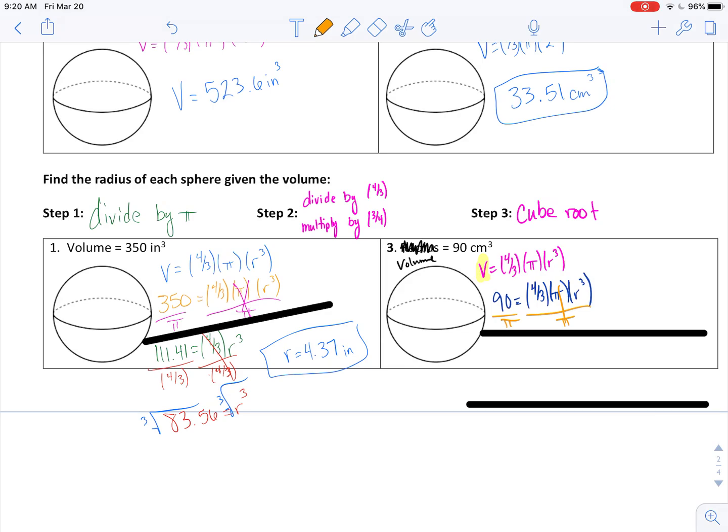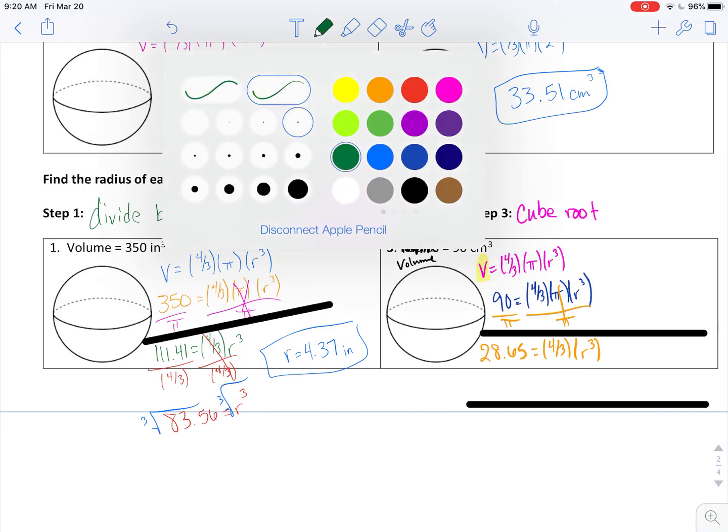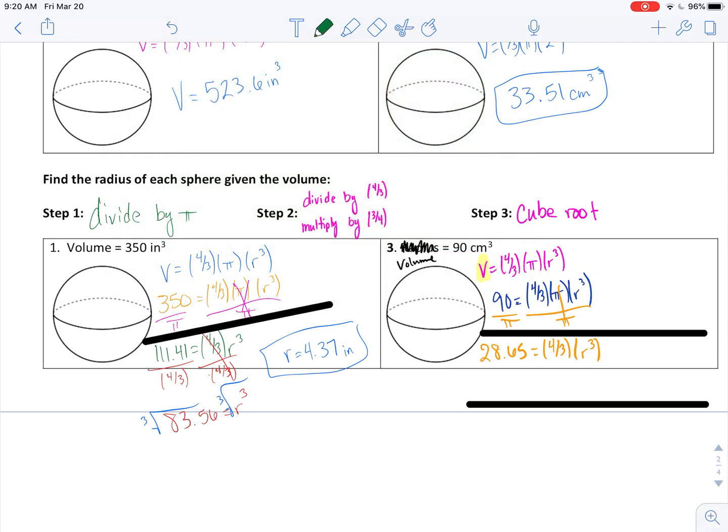Well, if I divide by pi on both sides, 90 divided by pi, I get 28.65 equals 4/3 r cubed.